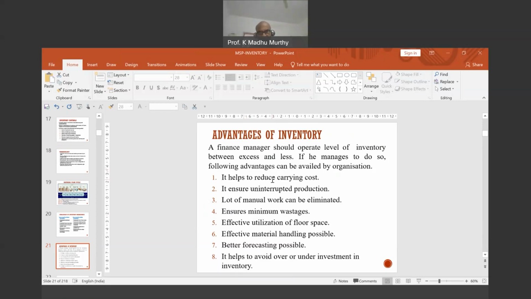Also, effective utilization of materials and floor space, and the possibility of being able to forecast better and avoid unnecessary investment or underinvestment in the inventories.